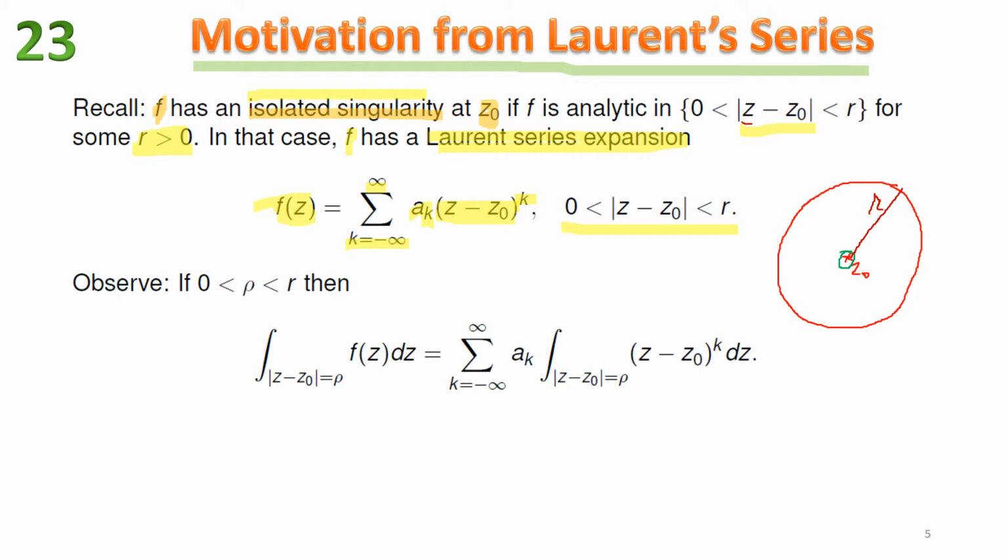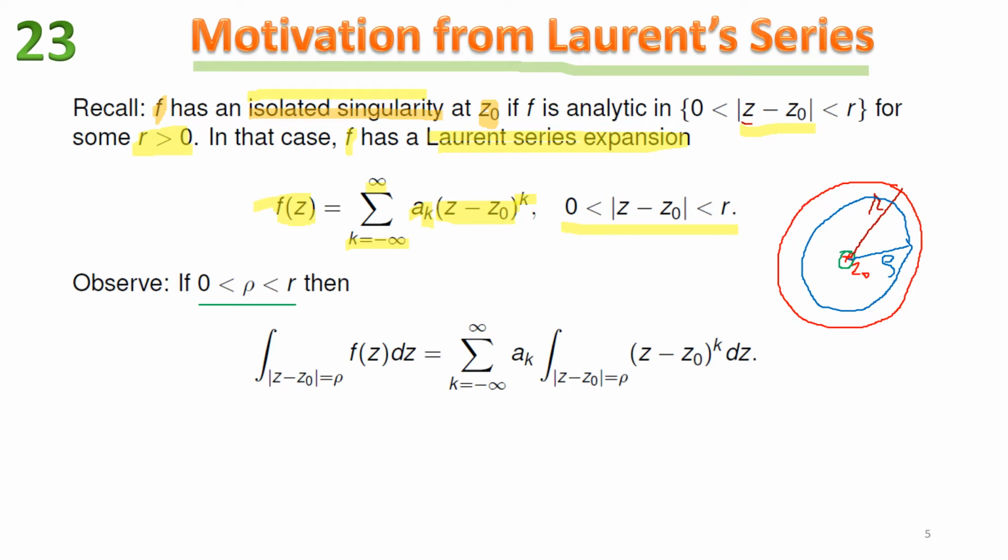Now here we are making extension to the situation such that we are interested in charting a new variable rho which is lying between 0 and r. So I would chart a circle of radius rho where rho is less than r and it's greater than 0.